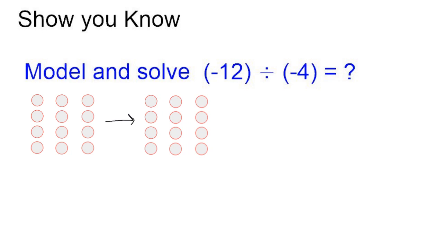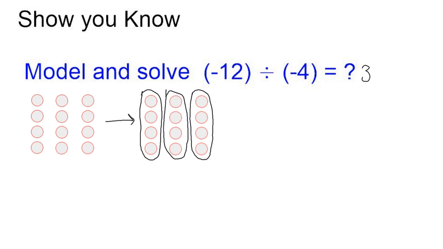So we have -4 in a group, -4 in a group, and -4 in the group. So that gives us 3 groups of -4. -12 divided by -4 equals 3 groups of -4. Again, negative divided by a negative gives us a positive.